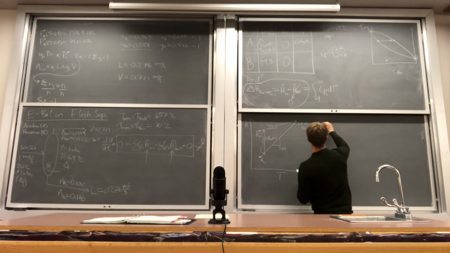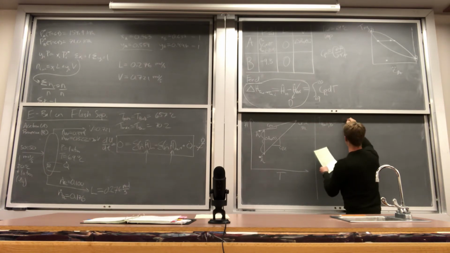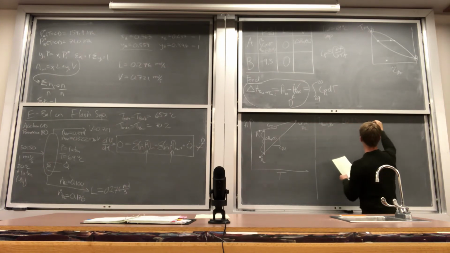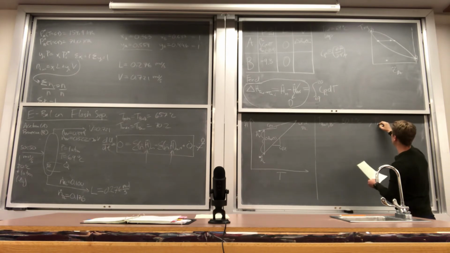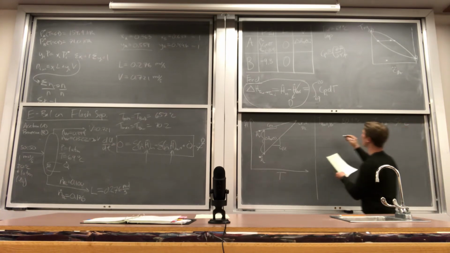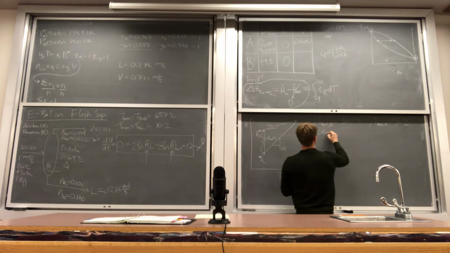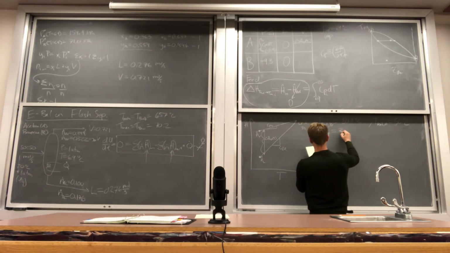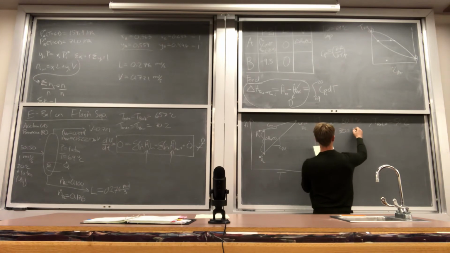So the boiling point for benzene is 80.1 degrees C, and for acetone is 56 degrees C. The heat of vaporization at the boiling point for benzene is 30.8.